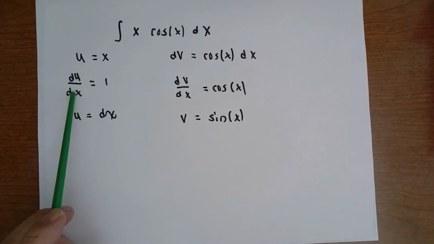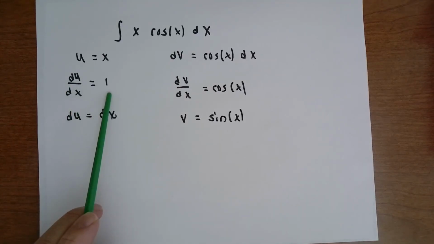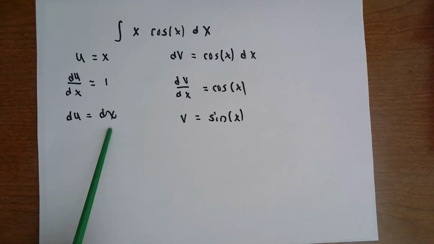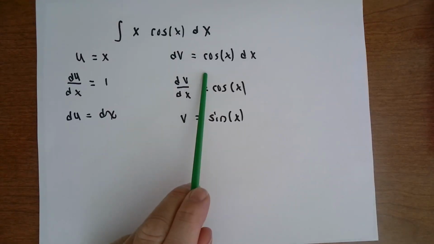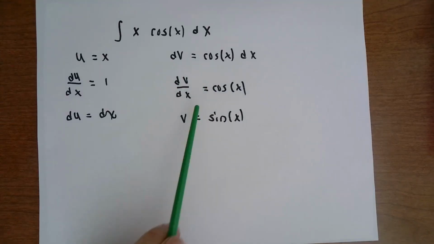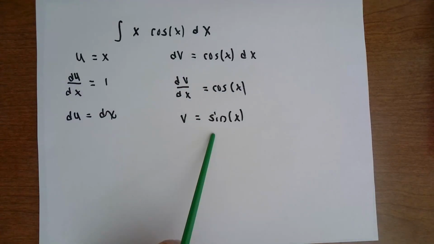Then the derivative of u is a constant. du equals dx. dv needs to be the rest of it. dv dx needs to be cosine x. v needs to be sine of x. As always, save the constant of integration for the end.